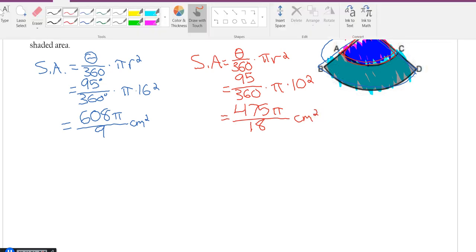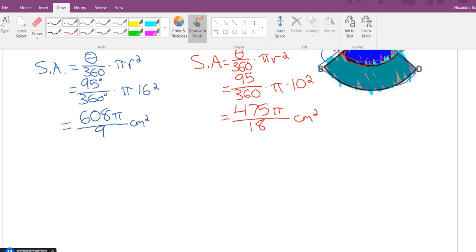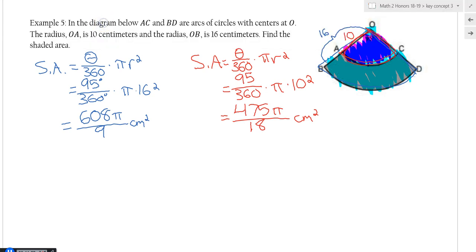To find the total, I am taking this away so that I'm just left with this part. So if I'm taking it away, I'm subtracting it.